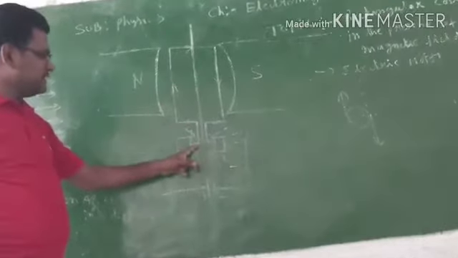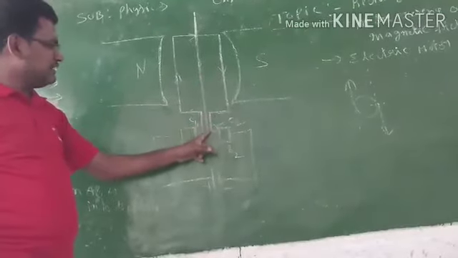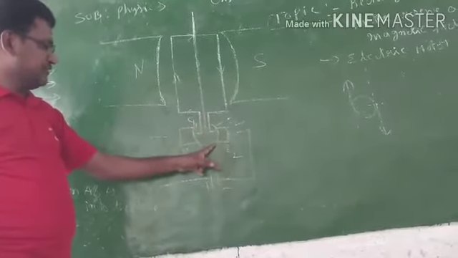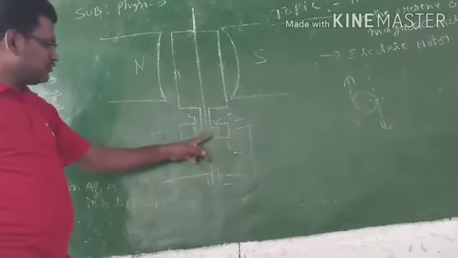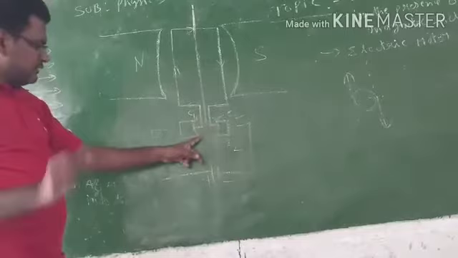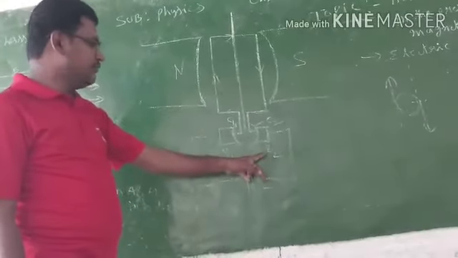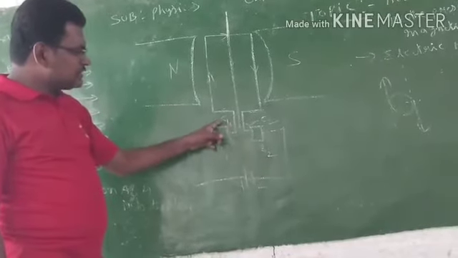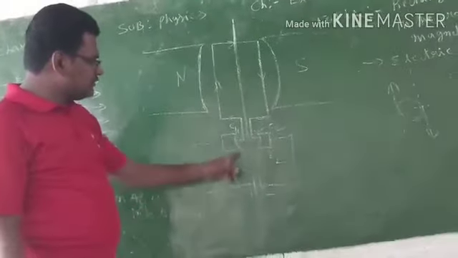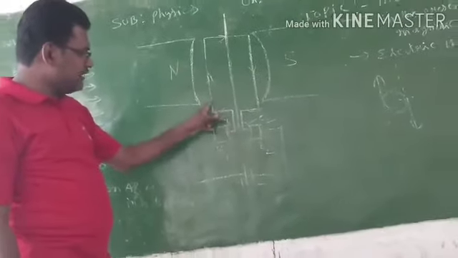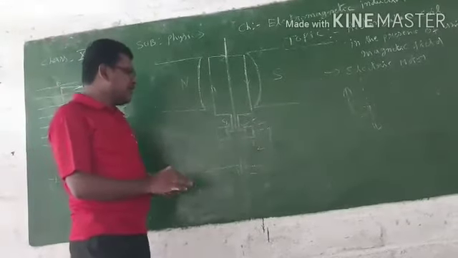One end of the wire is attached to one half slip ring, and the other end of the wire is attached to the other half slip ring, and these two half slip rings touch the two brushes B1 and B2. Here slip ring C1 is soldered with this end of the wire, and C2 is connected to this ring. Now what happens here?